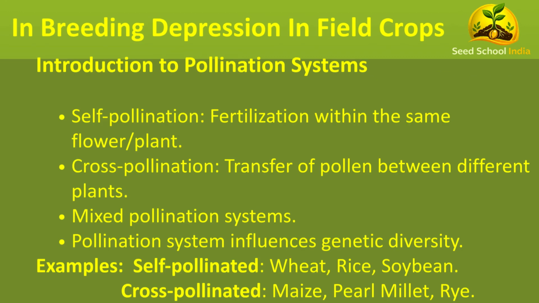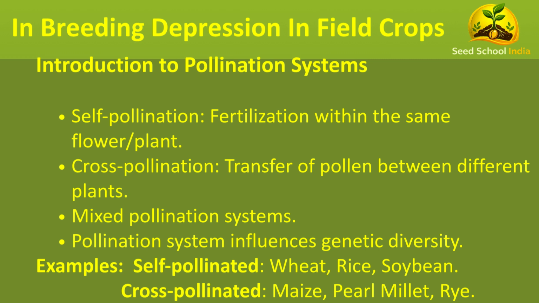Plants reproduce through different pollination systems, which determine the genetic structure of crop populations. Self-pollination occurs when pollen from a flower fertilizes the ovules of the same flower or another flower on the same plant. This leads to greater homozygosity and genetic uniformity.